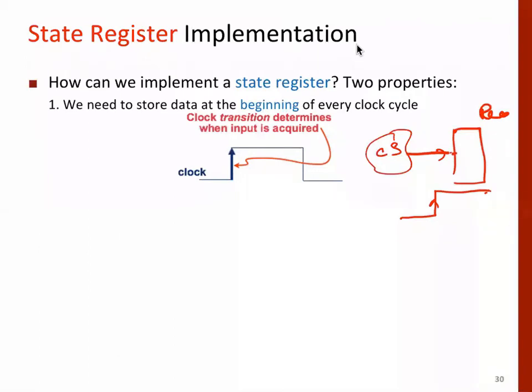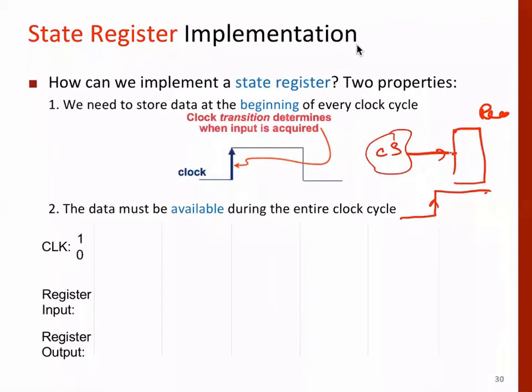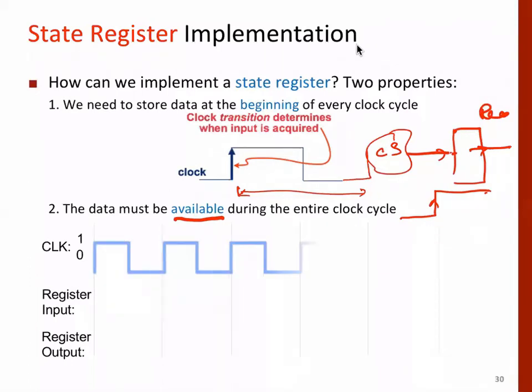That's all it says, right? And then the data is available during the entire clock cycle. So once this transition has happened in the register, the output of that will be valid for the rest of the clock period. The rest of the clock period is up to this point, when the next trigger can happen. All right. So it's like this.